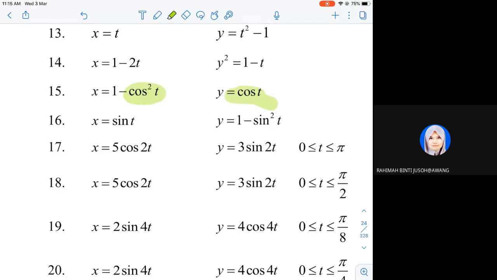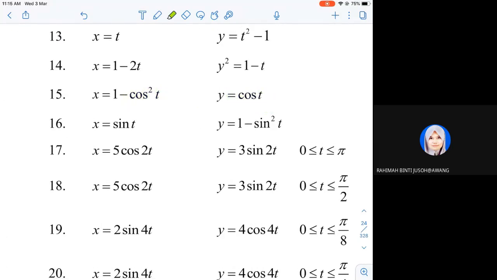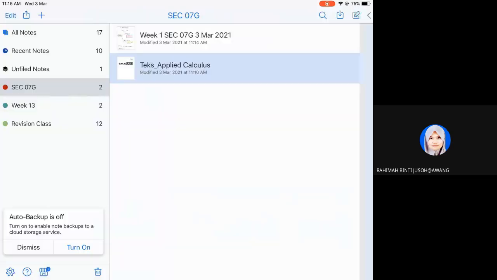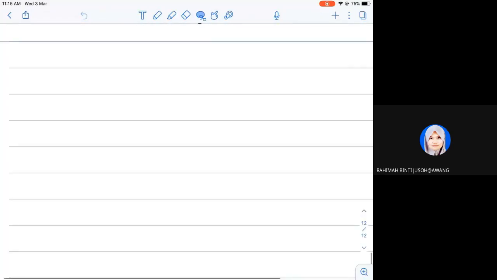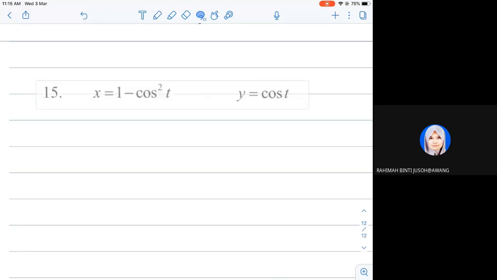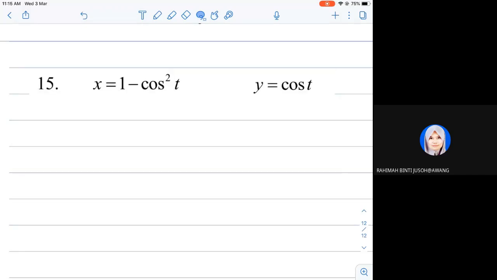Okay, so what happened for this type of question is, if you're going to use eliminating t, since y equals to cos t, guys, what happened? Kita akan masukkan since y equals to cos t, thus you masukkan dalam ni.